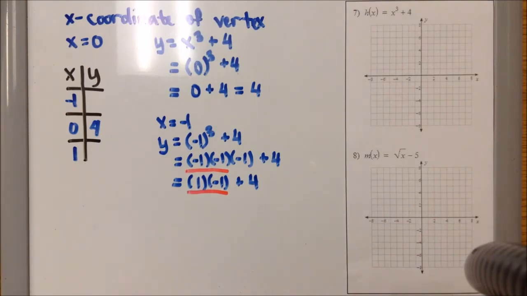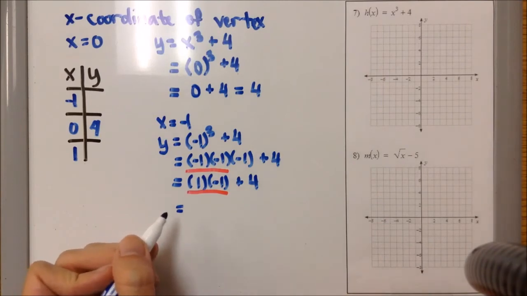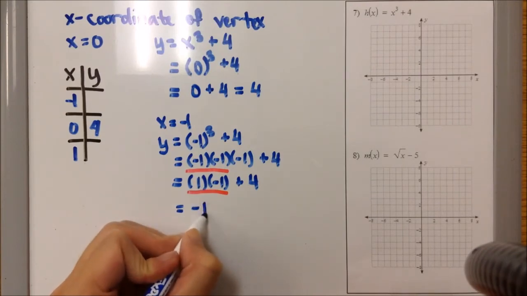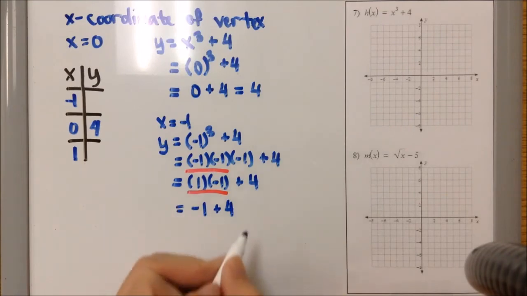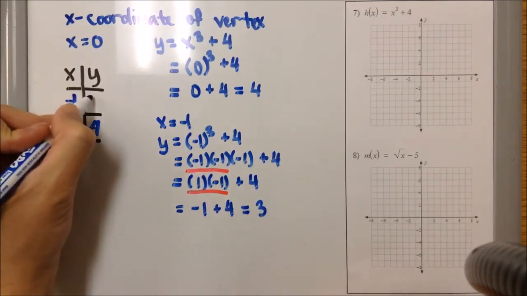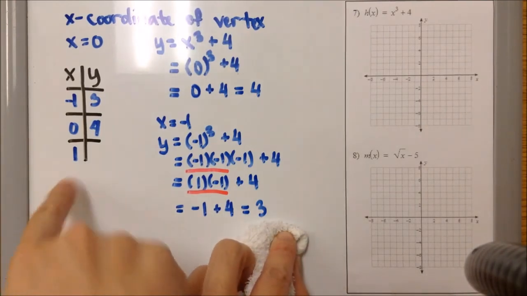And I suggest doing this process when you're working with, say, -2, -3, and higher numbers. So 1 times -1 is -1, then plus 4. So -1 plus 4 is 3. So I'm going to write 3 right here. So here's the work when x is -1. Now I need to make room for x equals 1.